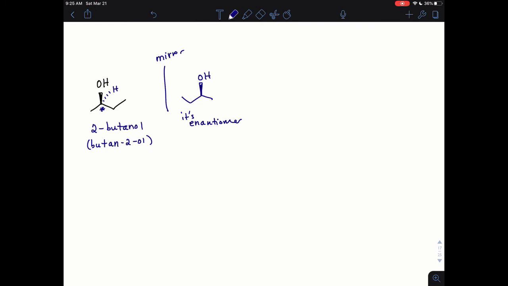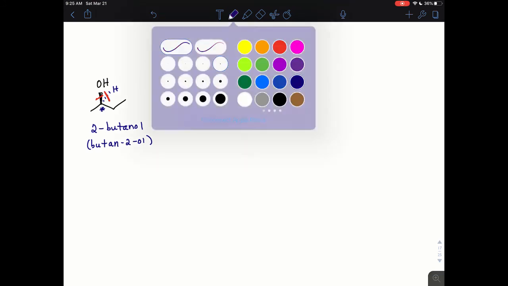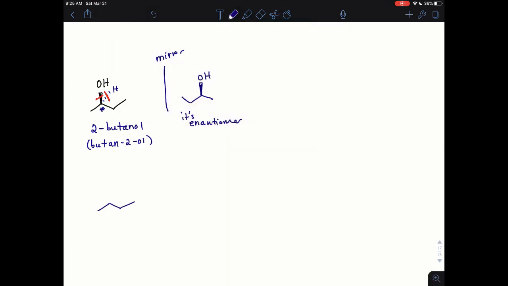Now, you might not want to draw a mirror plane and mirror the molecule. So there's another way that you can draw its enantiomer. So what I'm going to imagine doing is taking that stereogenic center, I'm going to break those two bonds, and I'm going to swap the groups. I'm only going to do it with two of the bonds, right? So I broke the OH bond, let's put an H. I broke the H bond, I'm going to swap, put the OH.